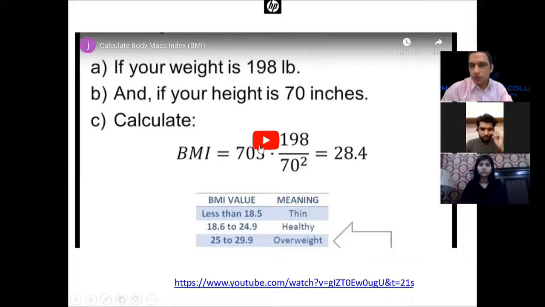All you need to know is the mass of that person, and number two is the height of that person. After that, using the mass and the height, you will be able to calculate the body mass index of that person.